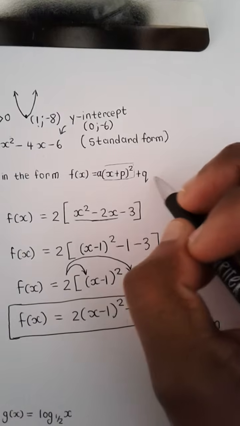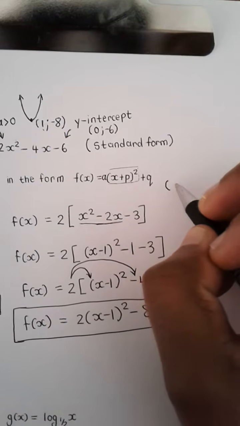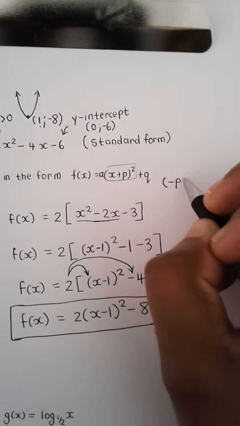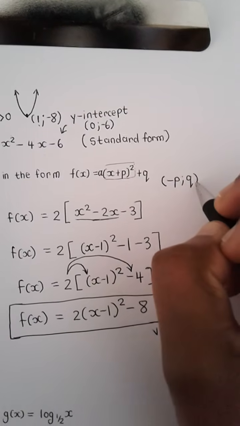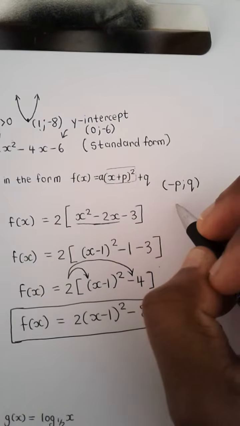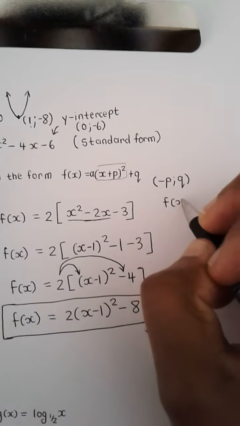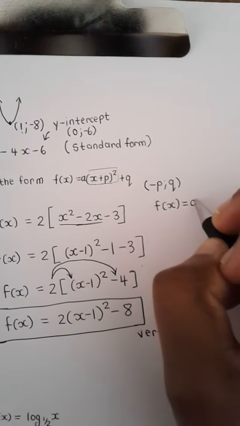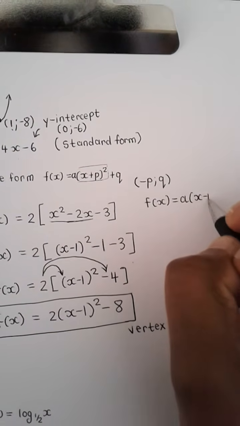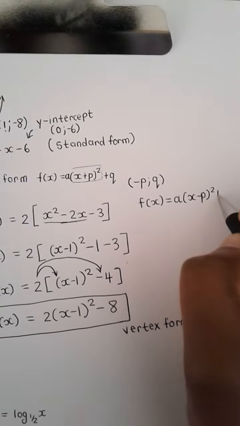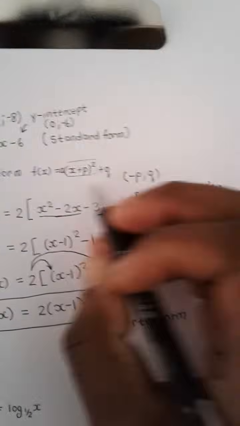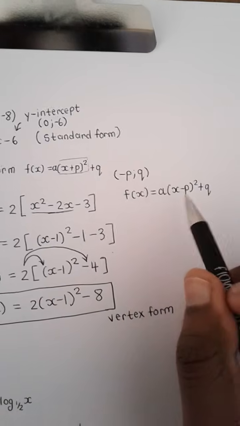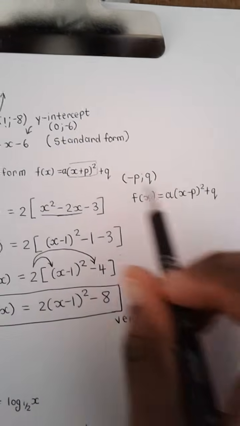So if we take it from here, it would be the point minus p, q, right? If this was written as f of x is equal to a into x minus p all squared plus q, right? People like to stress themselves about this, but this is just general forms.